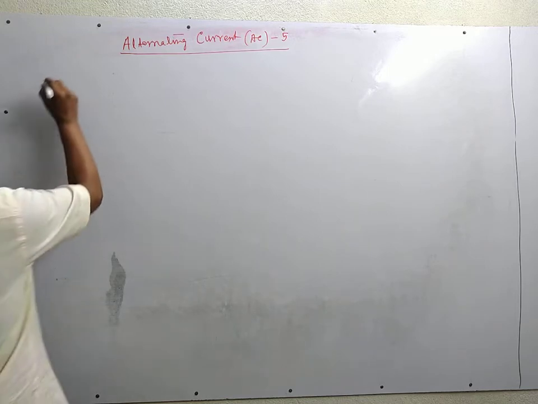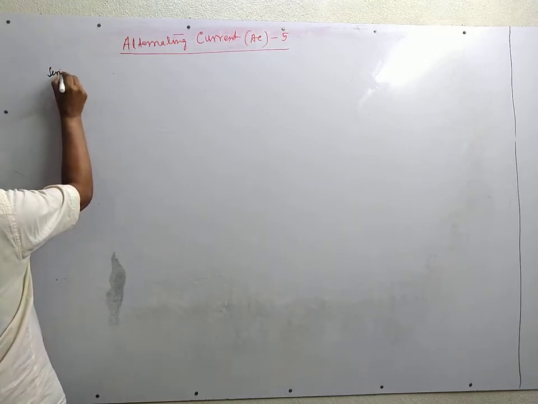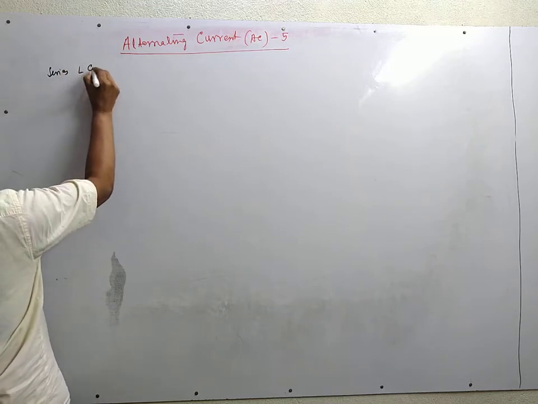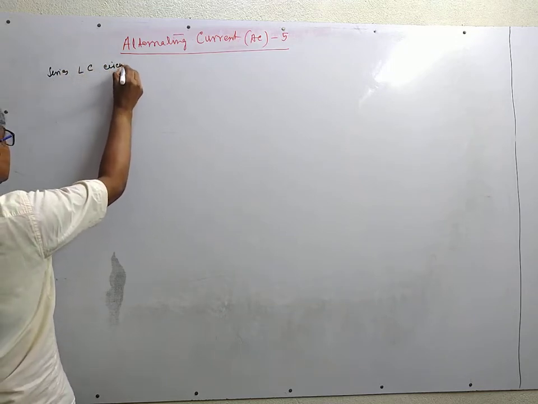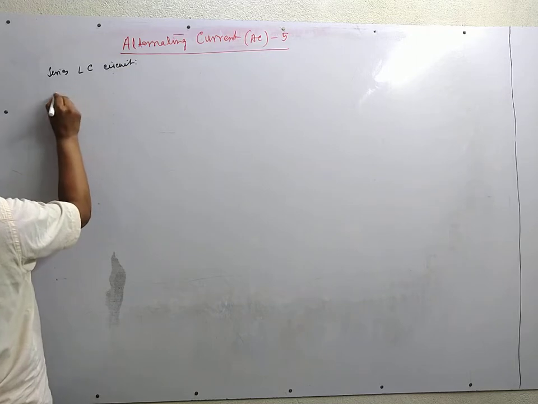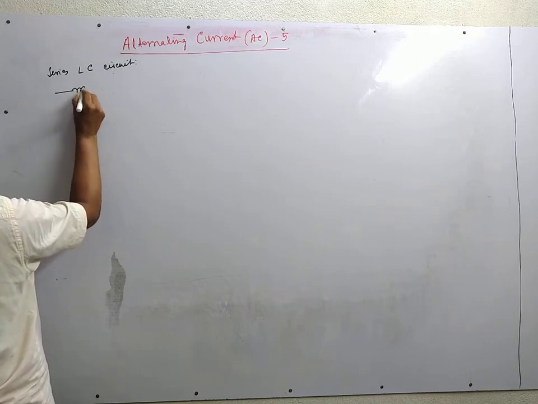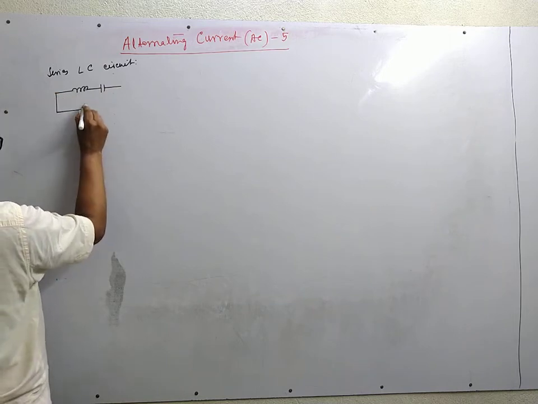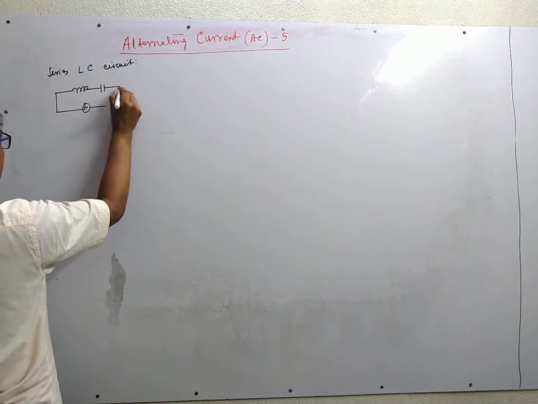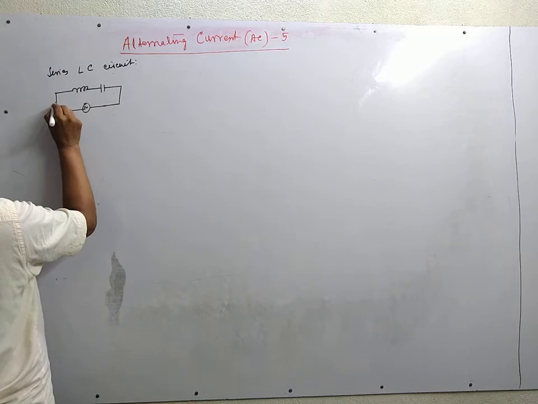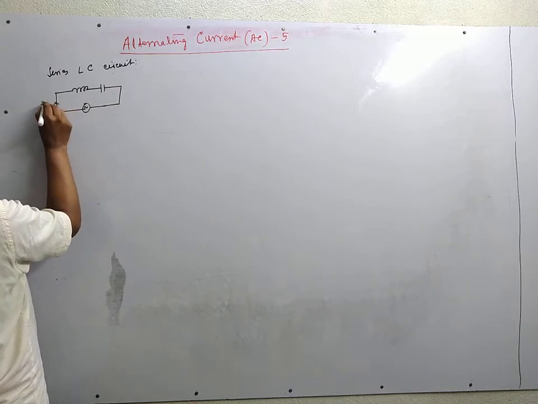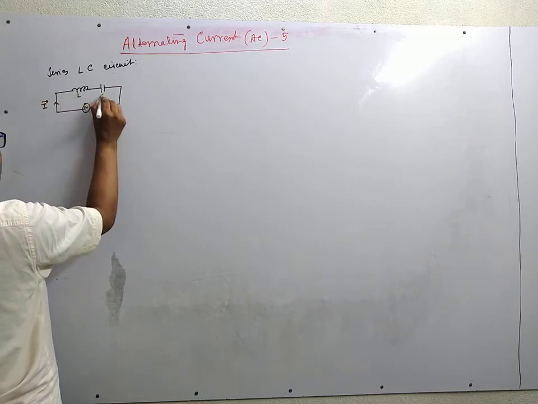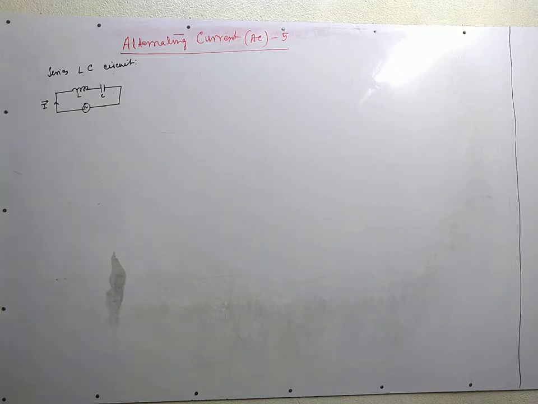Let us first consider the series LC circuit. The circuit diagram is this. Since the circuit is a series circuit, we use the current as reference.